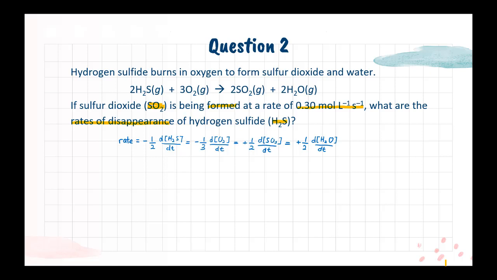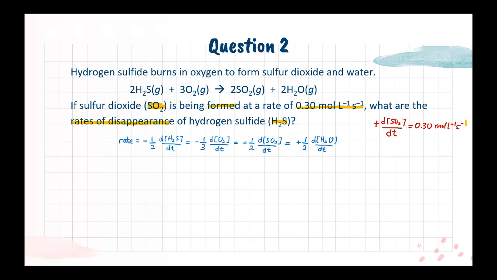So we may write the rate of formation represented by a positive sign, rate of formation of sulfur dioxide. The one that matters is the rate of formation without any coefficients or denominator. So the rate of formation equals the value given, mole per liter per second.